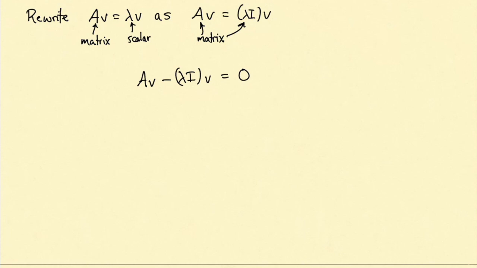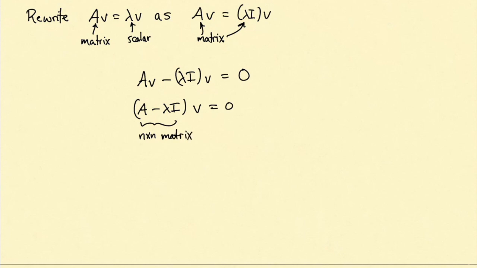Now the reason why we've done this is we have two matrices multiplying the same vector on the left. This allows us to pull that vector v out as a multiplication on the right of the difference of A and lambda I. When we take the difference of these two matrices, this of course gives us a matrix of the same dimension, so this is also an n by n matrix.